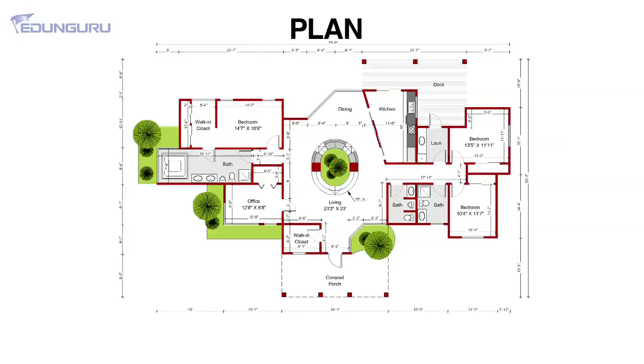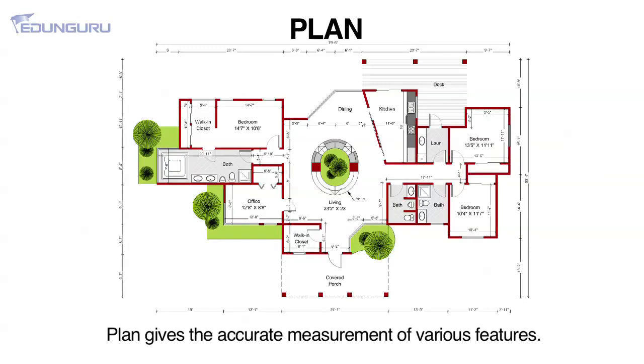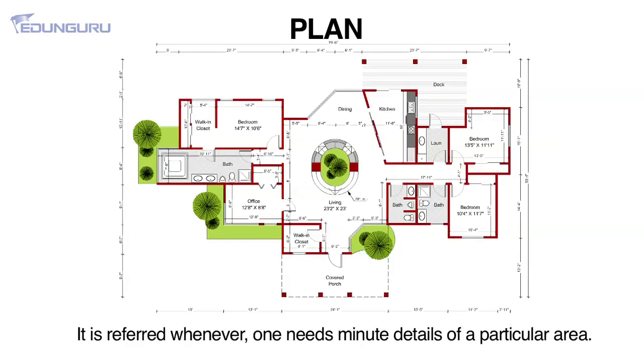Rather, I want to know about the measurements of a particular room in a society. What will I do? There I'll refer to a plan of the map. Why? Because the plan will show me the accurate measurements of the room, the length and breadth, the height, everything along with the pillars in the room. So, a plan is always referred when we need very minute details of a small area on a large scale.